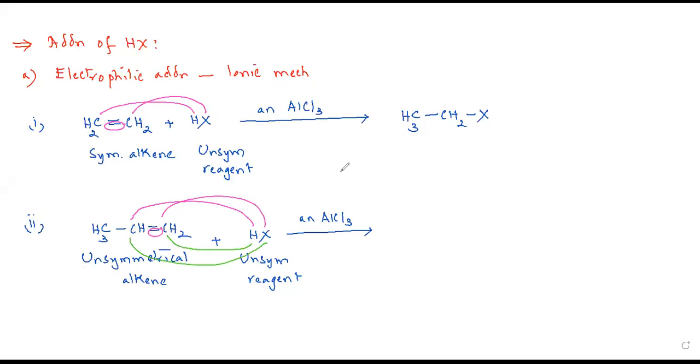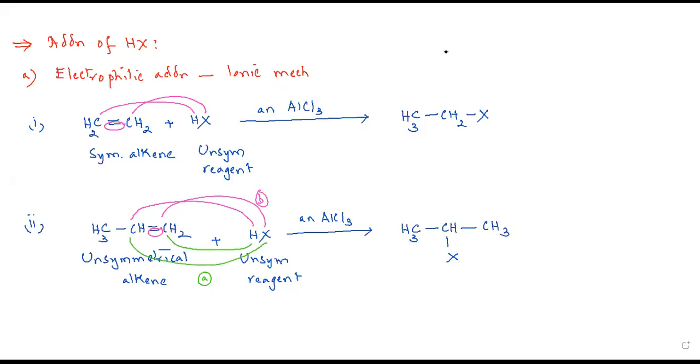Hydrogen to this, halogen to this. Okay. Let us consider this as the first possibility and this as the second possibility. Okay, what do we get? CH3, CH. In the first possibility, we are adding X to this.